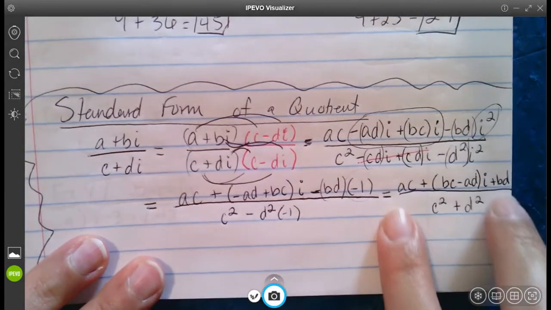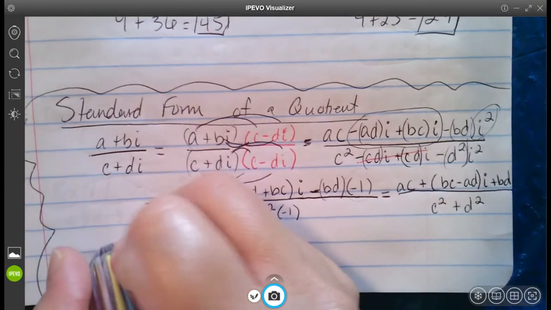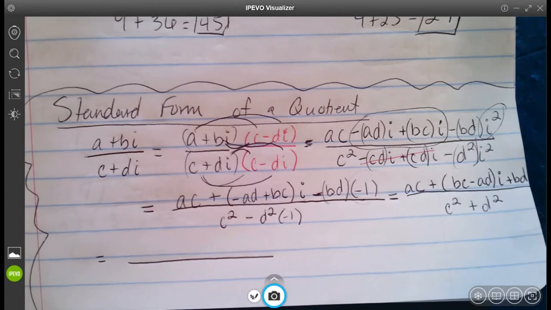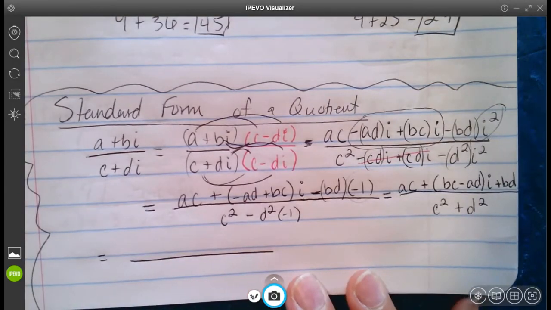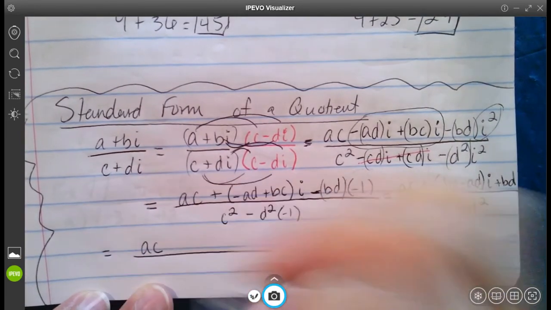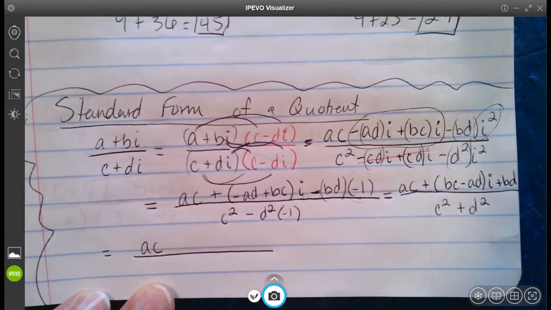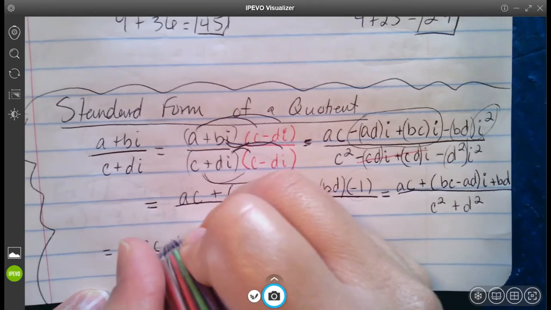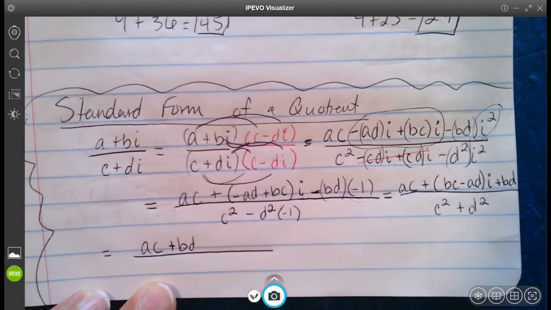And we can go a little bit further because we want it to look like a standard form. So we want that real part and the not real part, okay? The imaginary part. So this is going to be ac. I'm going to move the bd up to the front. So plus bd, okay?